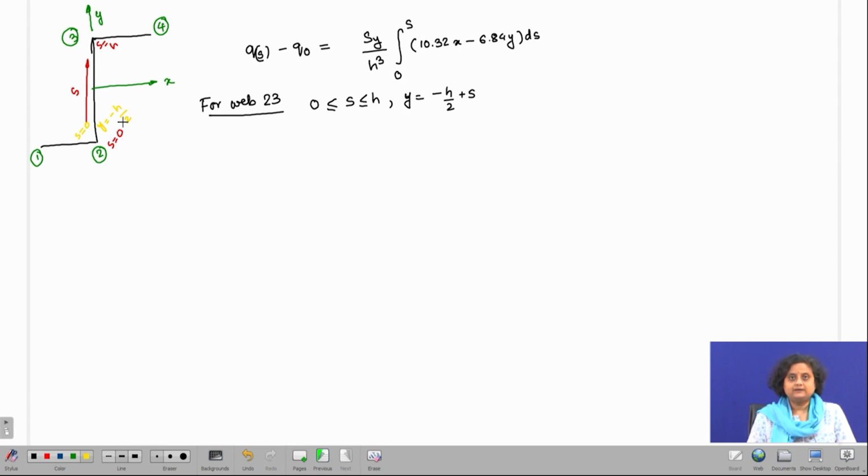So, this criteria is satisfied, and then the next thing that we have is x equal to 0. So, x is 0 in this case.